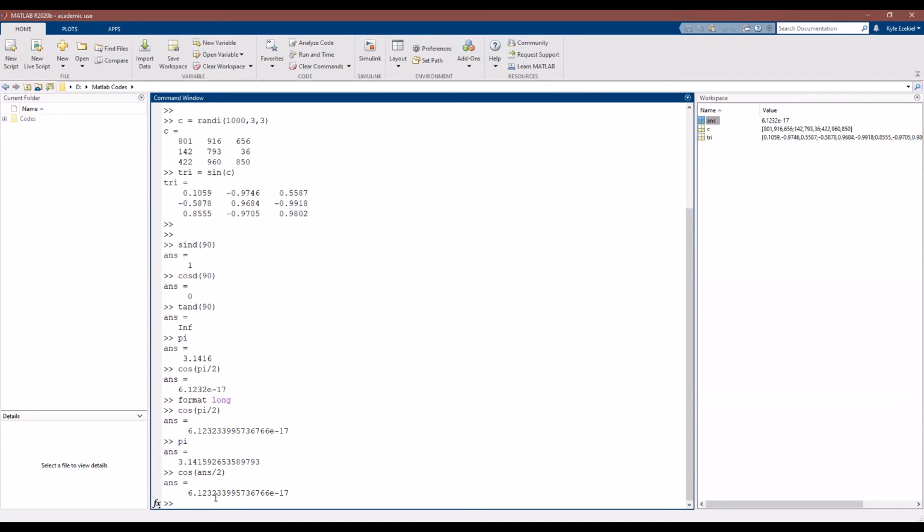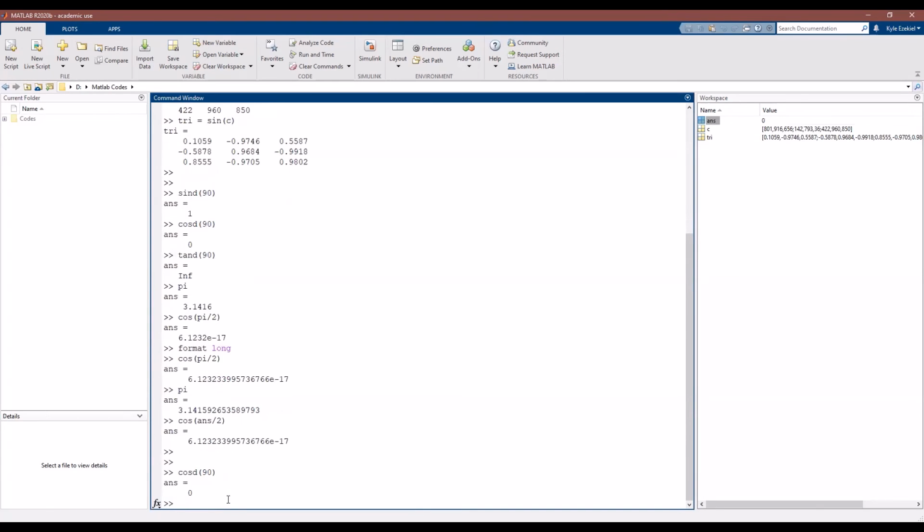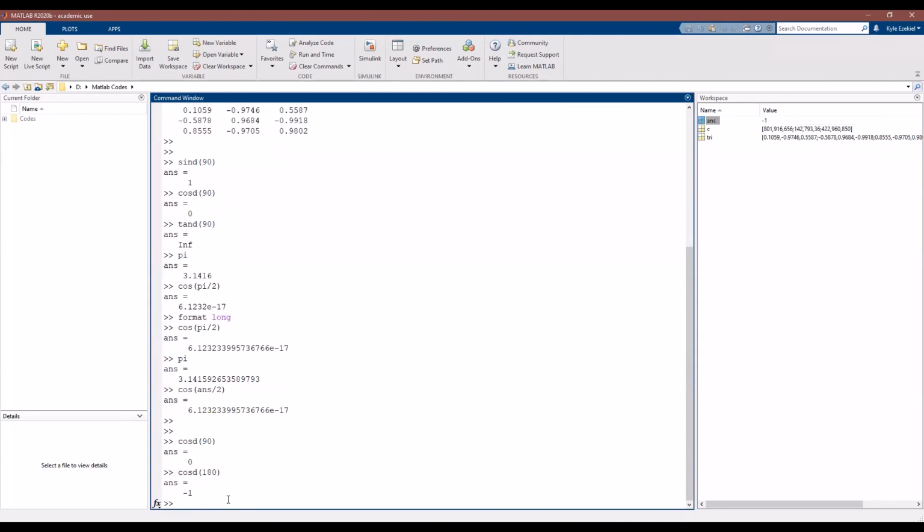So limited lang din yung values na makukuha natin when we are solving for radians. So yeah, just add d, okay, cosd, then 90, then you would get the value, since degrees are not irrational. Then you could also get 180, so that should be -1.